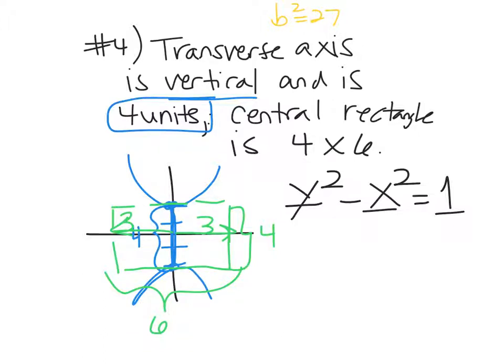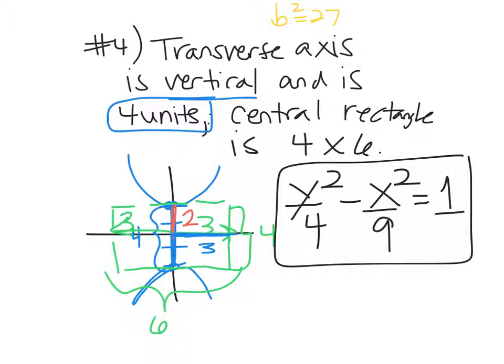So this one to here is 2. 2 squared up and down would be 4. This one over here is 3 because it's 6 total. And so when you square it, you get 9. And that's your equation. Nice. So the rectangle they say is a 4 by 6. So if this side is 4 and this side is 6, that means it would be a 3 and a 3 in each direction to make the total of 6.